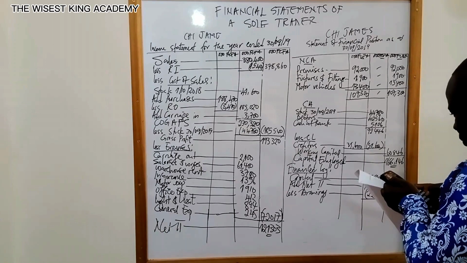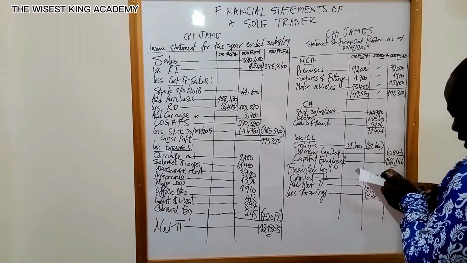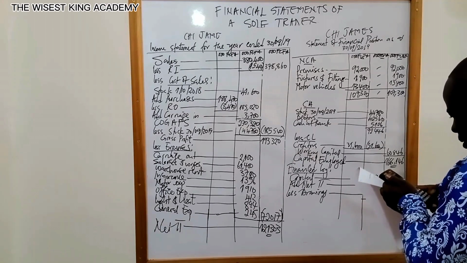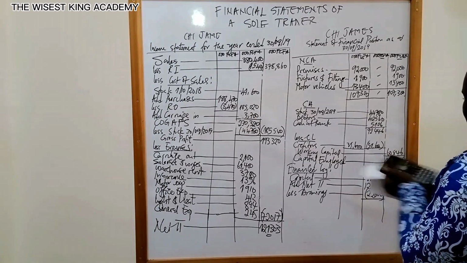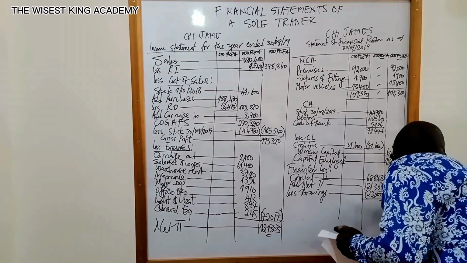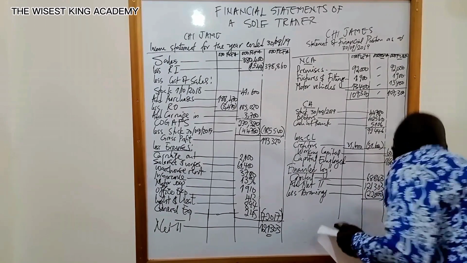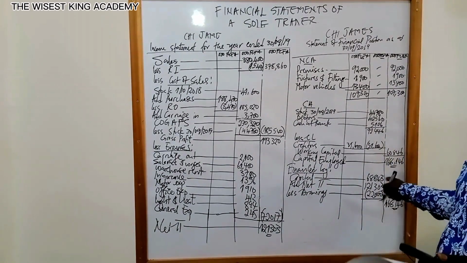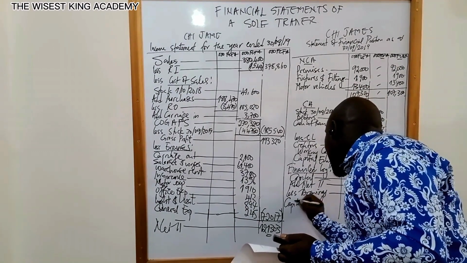So 68,843 plus 121,303 minus 22,000 is 168,146. Is it balanced? Yes, it is balanced. So this is also called capital employed.